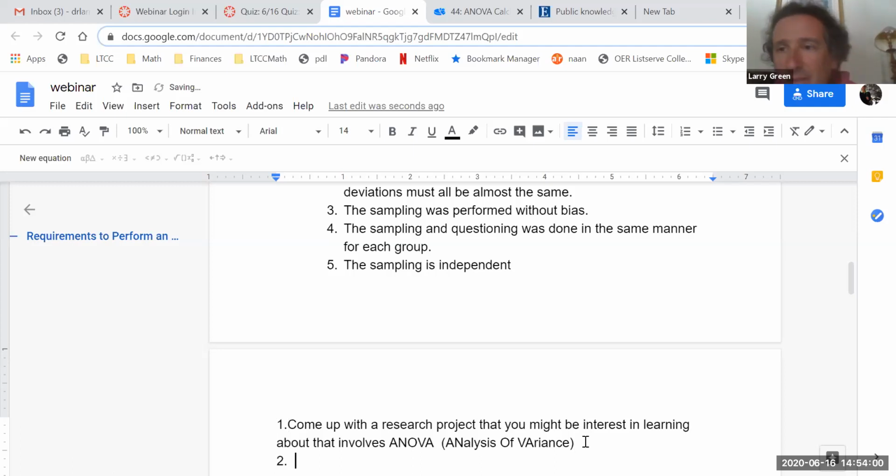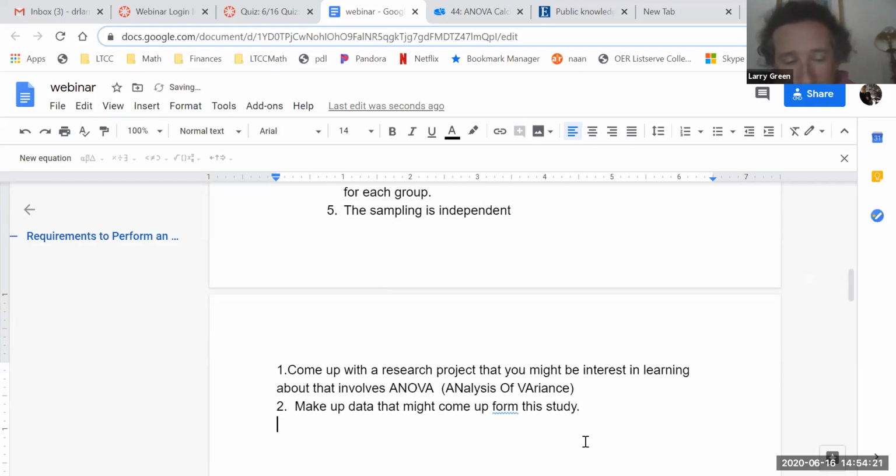The second is make up data that might come up from this study. We obviously don't have time to fully explore data, so I'm okay if you just make it up.